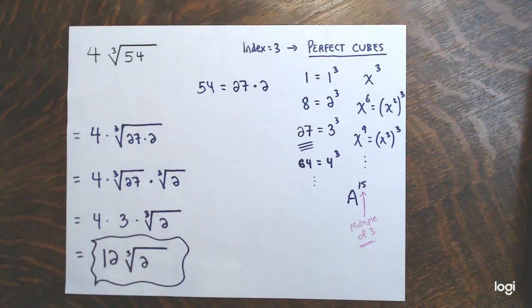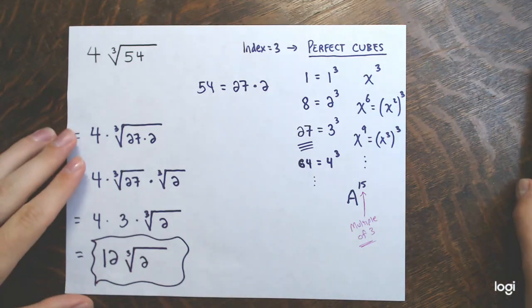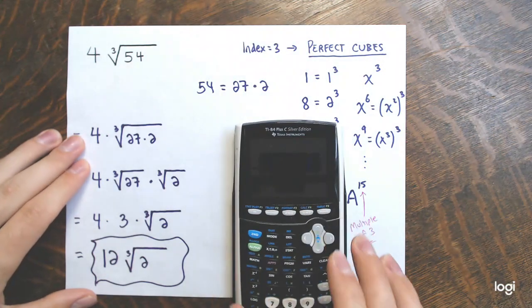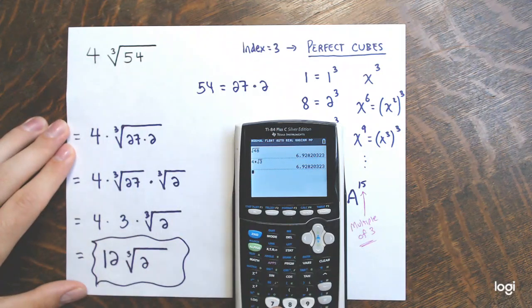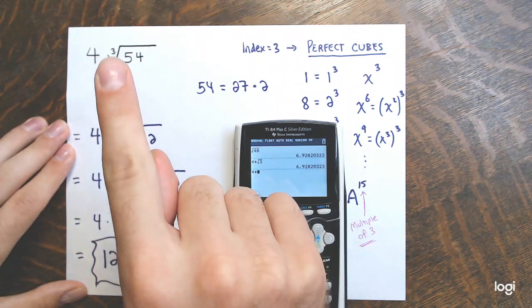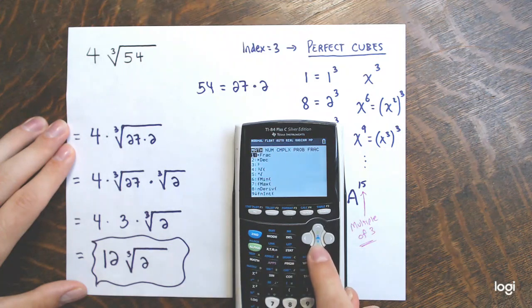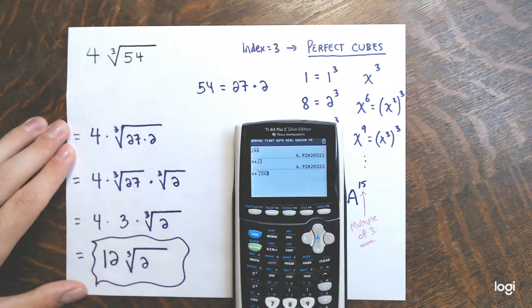All right, and let's test this out. I'll punch these in my calculator and see if they are indeed the same number. So we have 4 times the cube root of 54. All right, that's giving me 15.1190526 and so on, right?